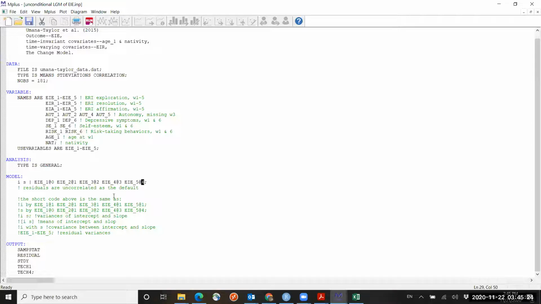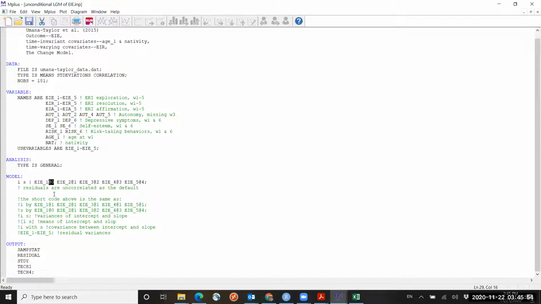These loadings establish 2 things. First, they establish that it's a linear model that we are hypothesizing, because the distance between the loadings across 2 measurement times is the same for any adjacent measurement times. The other thing this establishes is that the intercept is the status at the first measurement time. This is established by having the loading at zero on the first measurement wave.